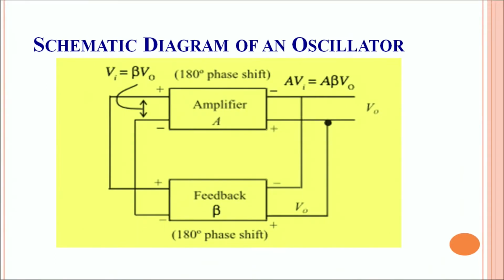When we look at this schematic diagram of the oscillator, what we realize is that an oscillator basically comprises an amplifier. This amplifier takes the input and generates a larger amount of output. Some portion of the output generated from the amplifier is taken back in the form of feedback and is fed back to the input.